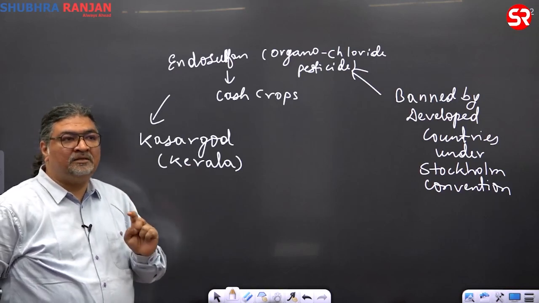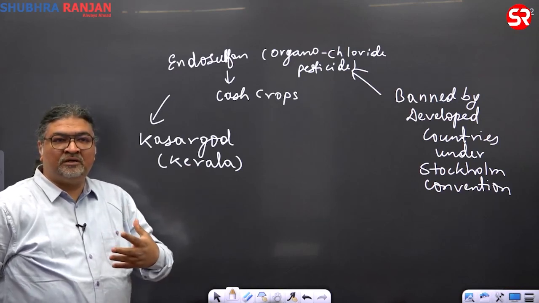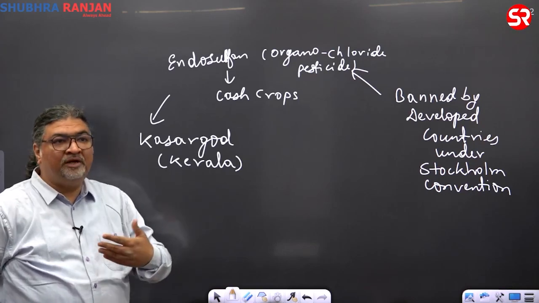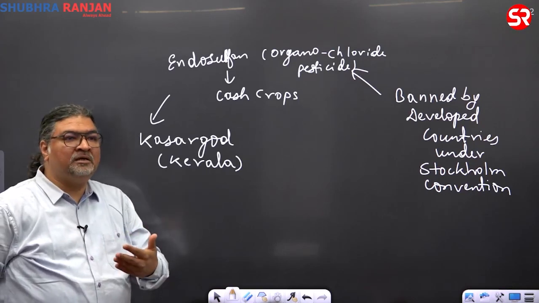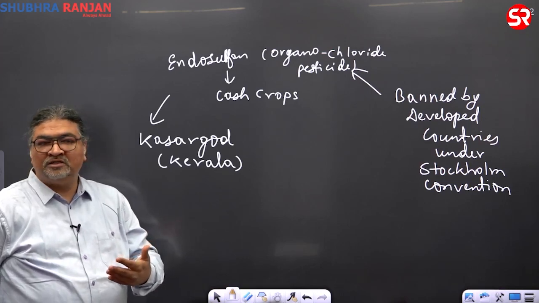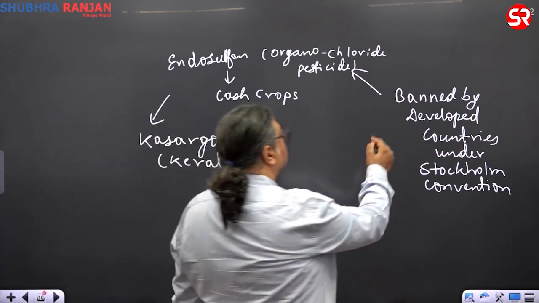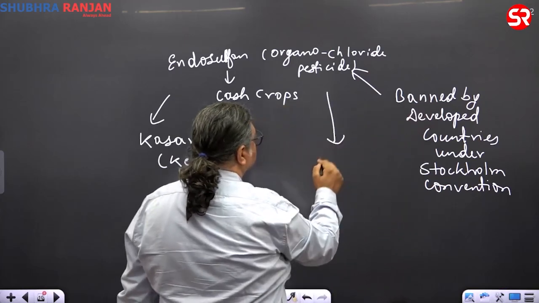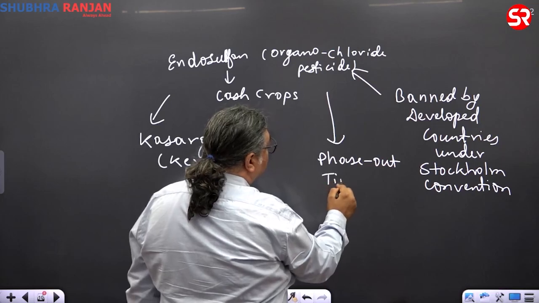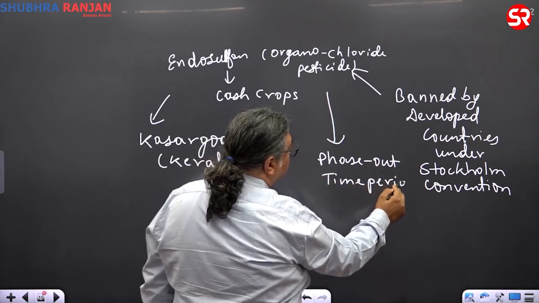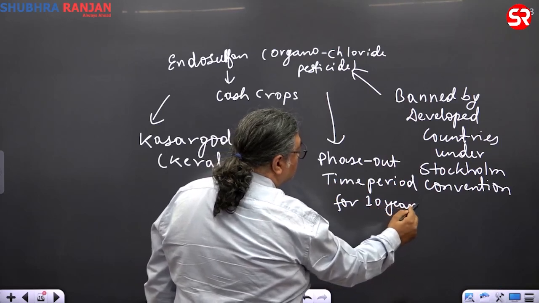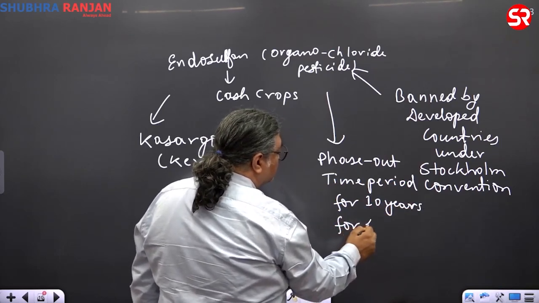The second reason is that whenever a convention comes, what is a convention? It is where the governments negotiate. India and China, these two developing countries, asked for some phase out period. There is always something called a phase out time period, for 10 years, for developing countries.